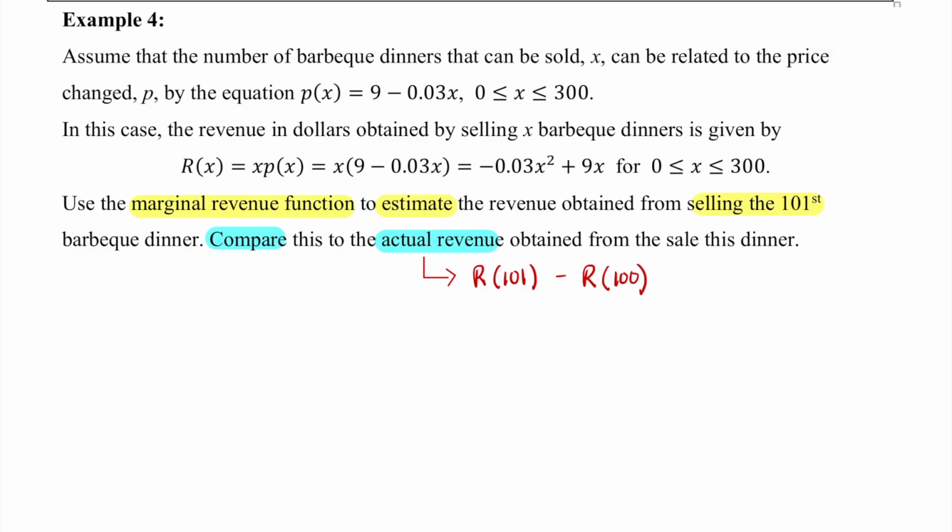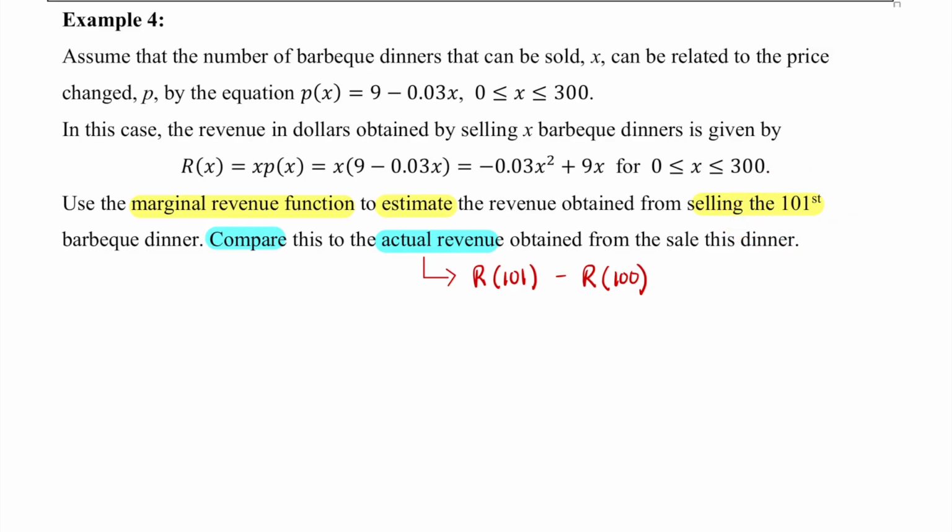But the problem first wants us to estimate using the marginal revenue function. Remember, the marginal revenue is the derivative of the revenue function, and it estimates how much revenue changes when one more unit is sold. So if we want the revenue from the 101st dinner, we evaluate the marginal revenue at x equals 100, because that is the point just before the 101st dinner is sold.